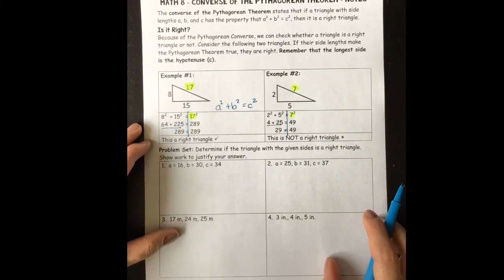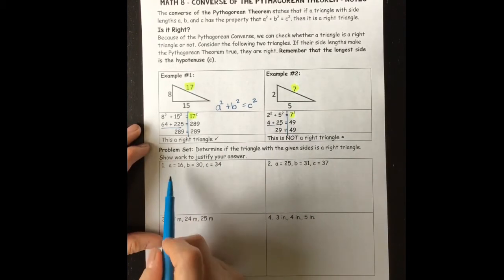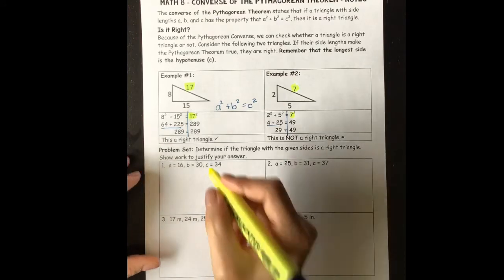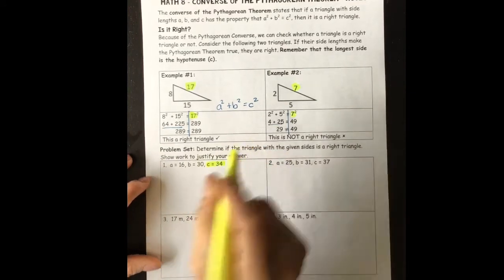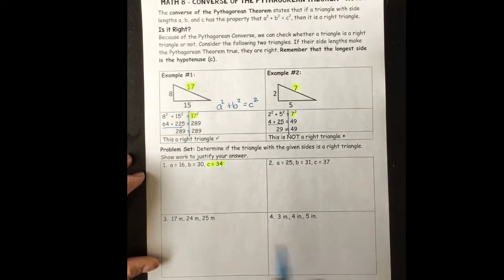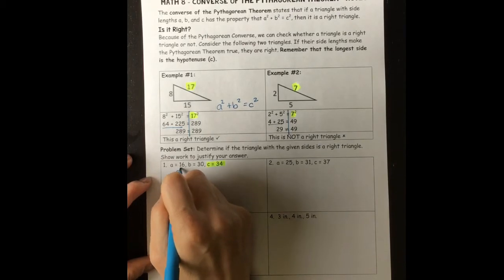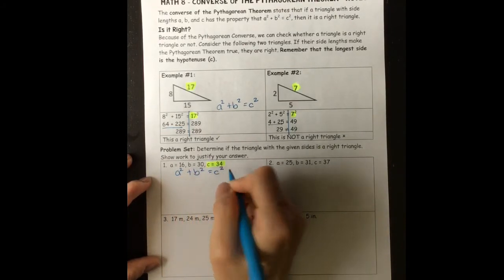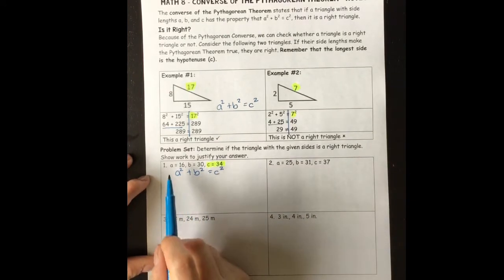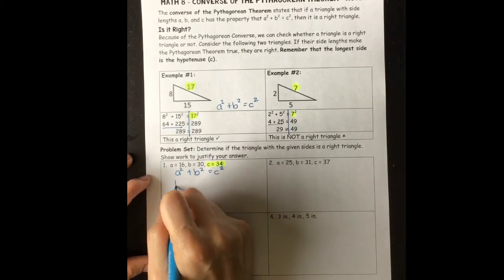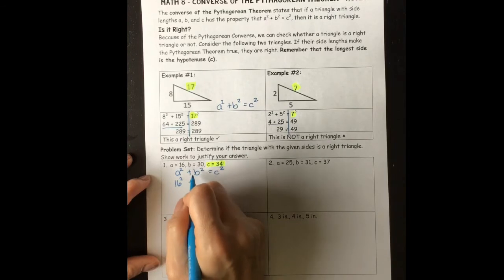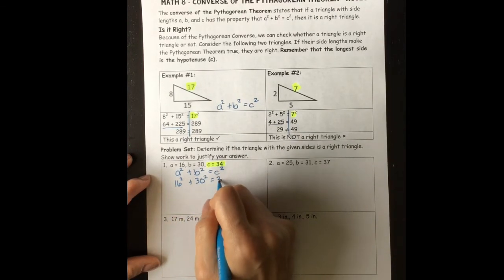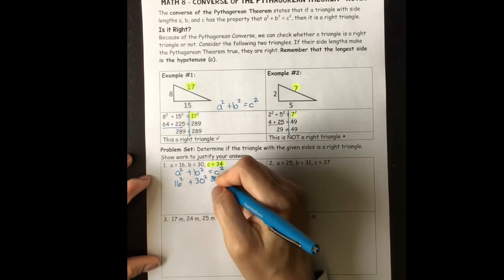So let's take a look at these. All right, so number 1, my longest side is 34. So that's going to be my hypotenuse. So I start with my Pythagorean theorem, a squared plus b squared equals c squared. Then I'm going to substitute in place of a, 16, in place of b, 30, and in place of c, 34.